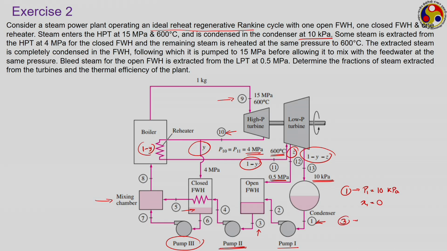Similarly, for state number 3, P3 will be the pressure of this open feed water heater, which is 0.5 megapascal, and it is also saturated liquid, so x3 equal to 0. Other information is all given. Try to solve this problem on your own before starting the next lecture or before looking into the book.